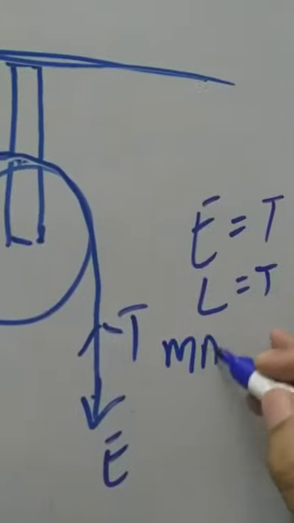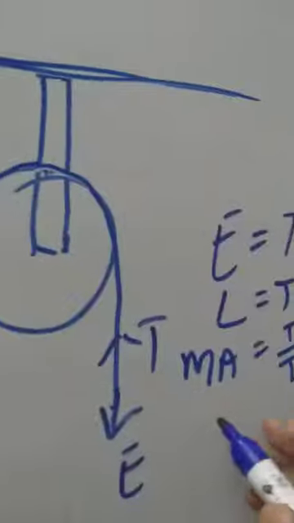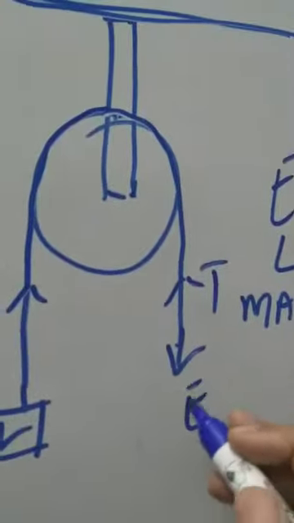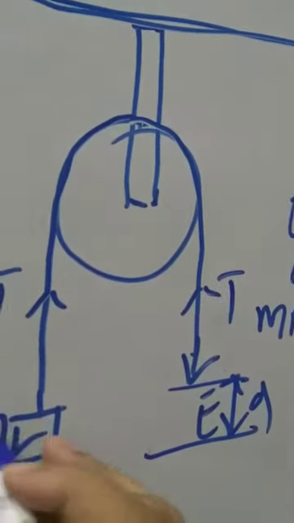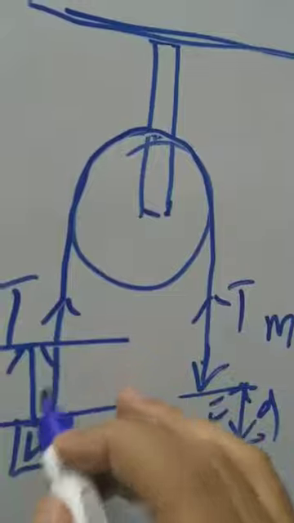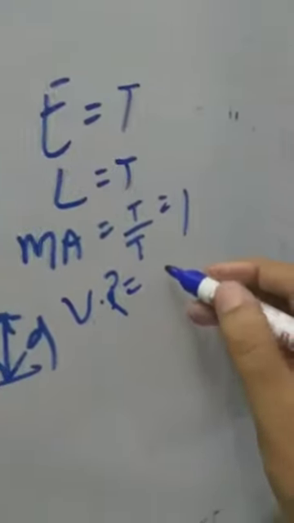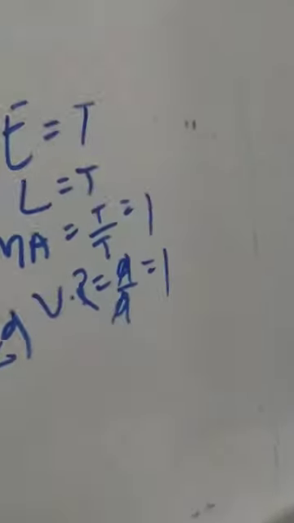So the mechanical advantage is equal to T by T, that is equal to 1. And if you observe here, if the distance moved by effort is d, then the load will get lifted by the same distance, quite obvious here. So velocity ratio will be distance moved by effort by distance moved by load, that is d by d, equal to 1.